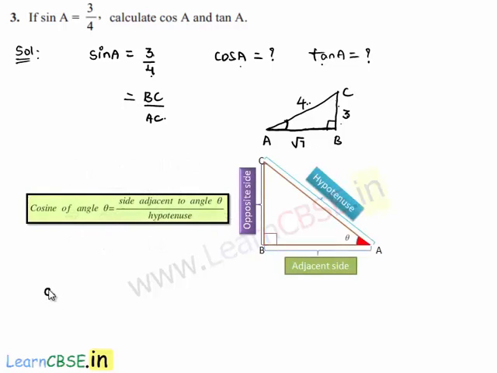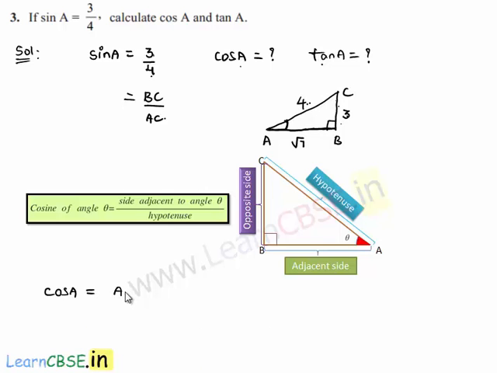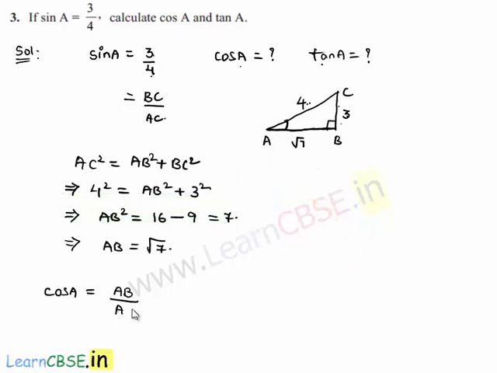Now he asked us to find the value of cos A. We know that cos of an angle is equal to the ratio of its adjacent side to the hypotenuse. We get cos A is equal to the adjacent side to angle A, which is AB, by the hypotenuse AC, which is root 7 by 4.